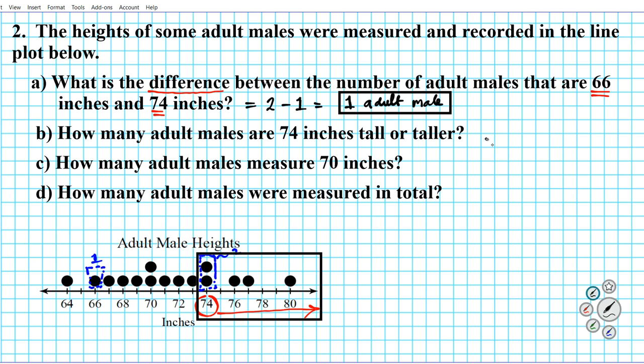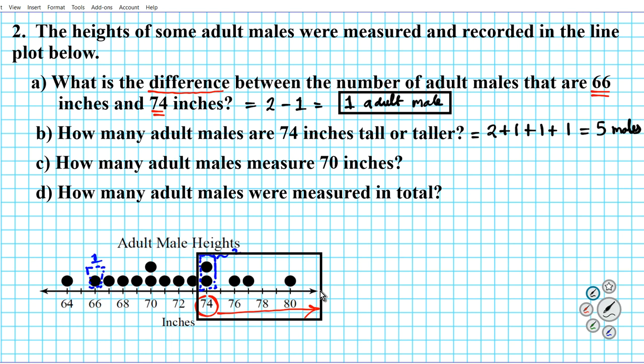Okay, so how many adult males are 74 inches or taller is basically 2 for 74 plus 1 for 76 plus 1 for 77 plus 1 for 80. All right, and then when you add them all up, you can just count them or do the math. Your answer is 5, and the unit is males. 5 adult males are 74 inches or taller.